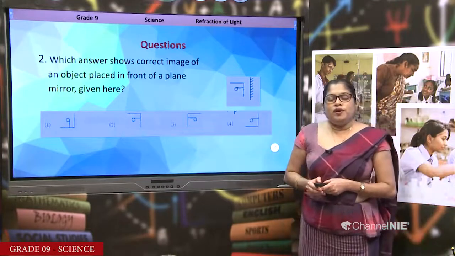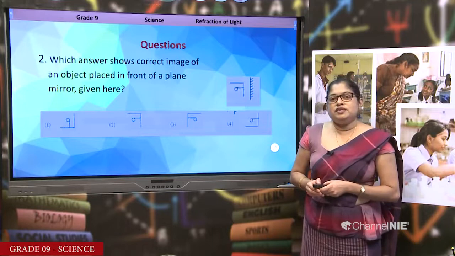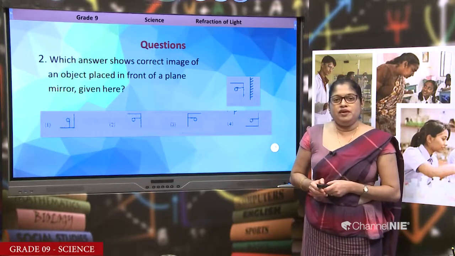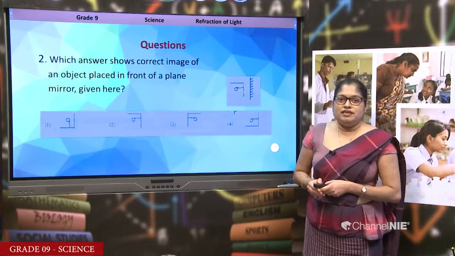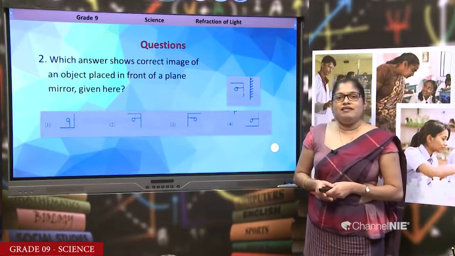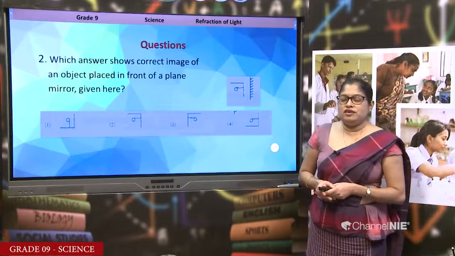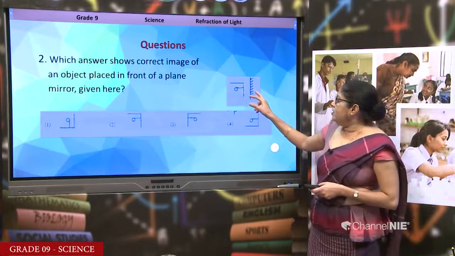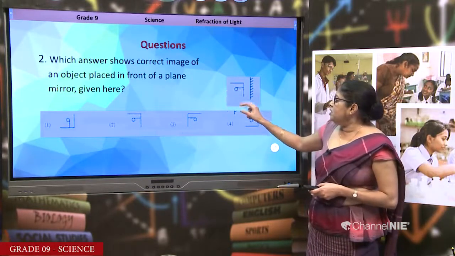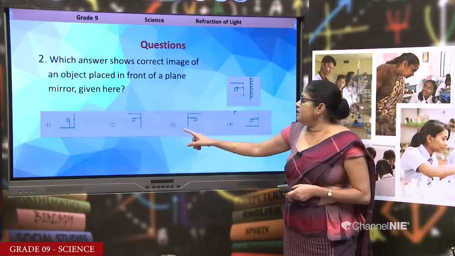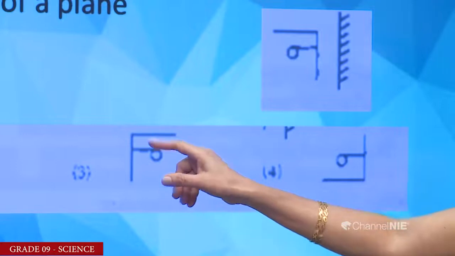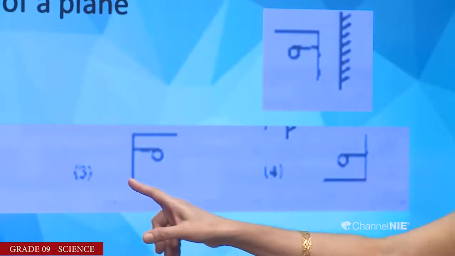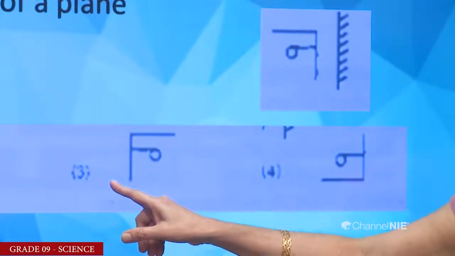You know that when an object is kept in front of a plane mirror, the image is laterally inverted, that is, the left side and right side are changed. Here this is the object. So, this is the image where the left side and right side are changed. So, the answer is number 3.